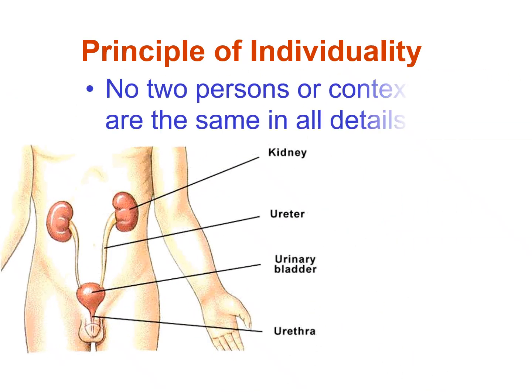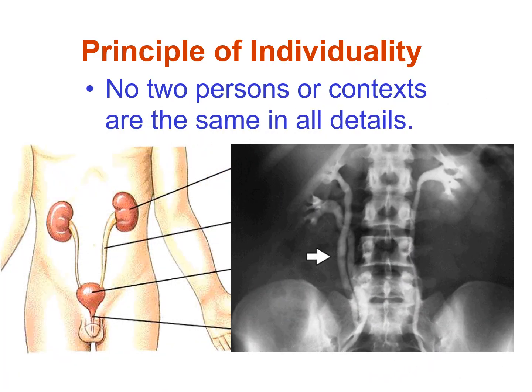Textbooks often ignore the inconvenient details that would contradict textbook generalizations. For example, on the left you see a textbook image of the urinary system. On the right, you see an X-ray of an actual urinary system in a person who appears to have an extra kidney and ureter.